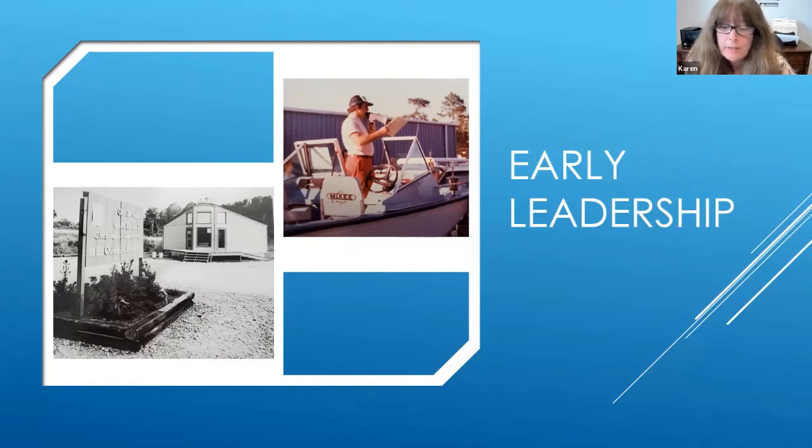We know from the minutes taken at that meeting that the purpose was to foster and promote all industrial enterprises and to encourage and invite new industries. The first regular meeting of the chamber was held on May 8th of 1900 at the office of the Pilot Association on Bay Street. The first president was MC Guthrie, and they had 11 members.